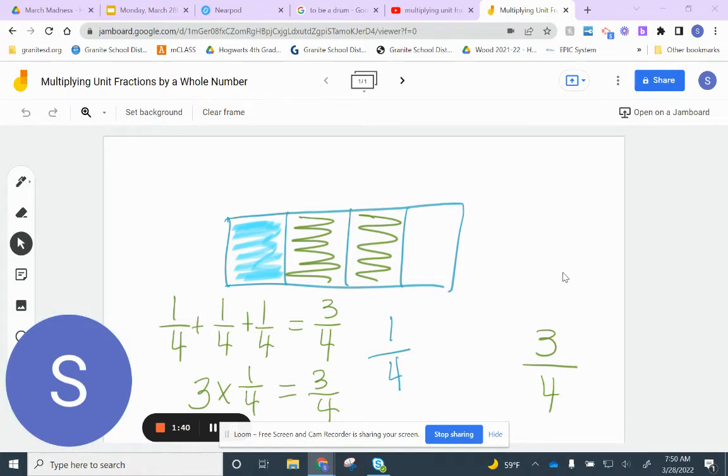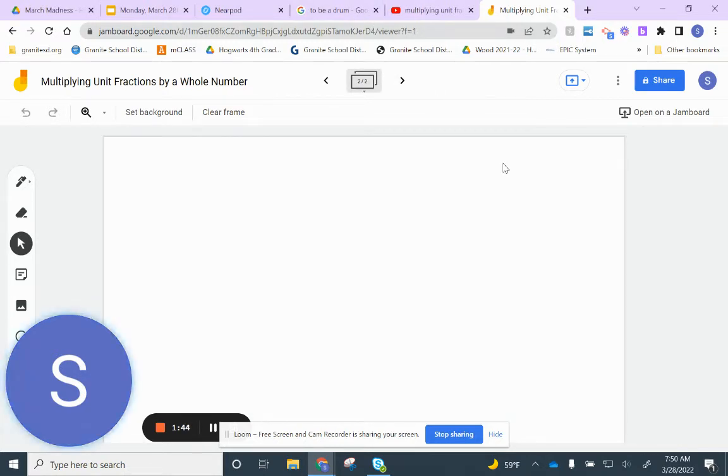I'm going to draw you a fraction, and then I will give you a multiplication sentence, and I want to see if you can figure out what the answer is. So let's start with this, okay?